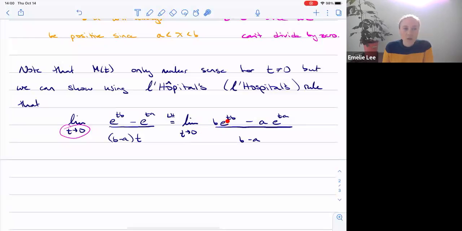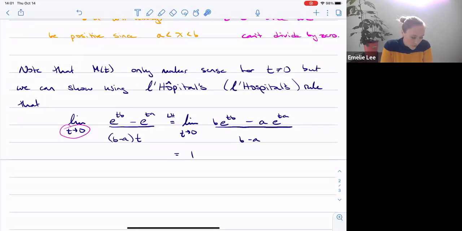T equals 0, I get b times 1 minus a times 1. So that's b minus a over b minus a. That just puts me at 1. I didn't write out that step because I wanted to keep it on the same page. But hopefully that made sense. Because as we take the limit as t goes to 0 here, e to the tb and e to the ta both go to 1.